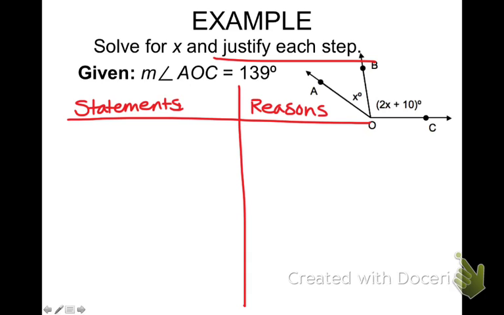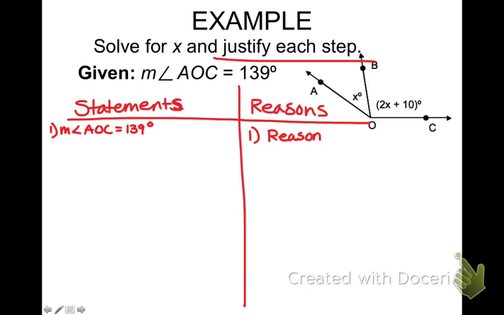Okay, and then what is given to us in this problem? Well, the first thing that's given to us is the measure of angle AOC is equal to 139 degrees. Because it says the word given, I'm going to put given over here on my reason side.